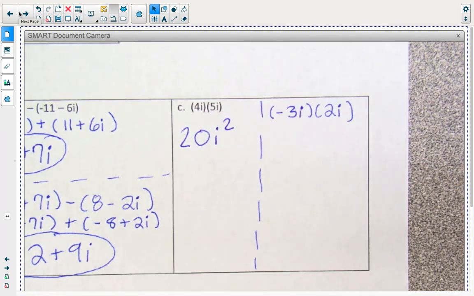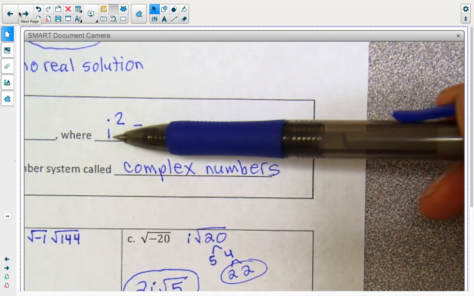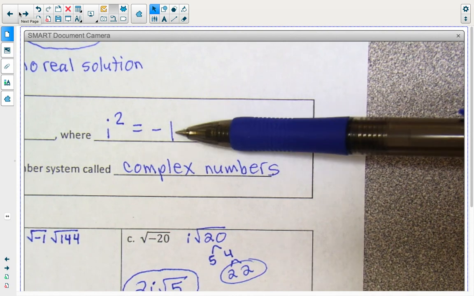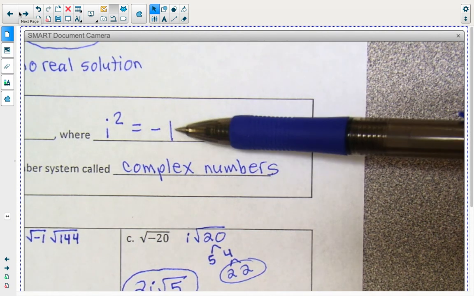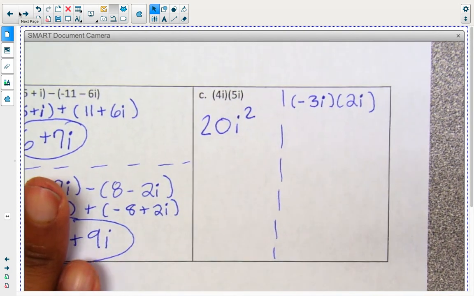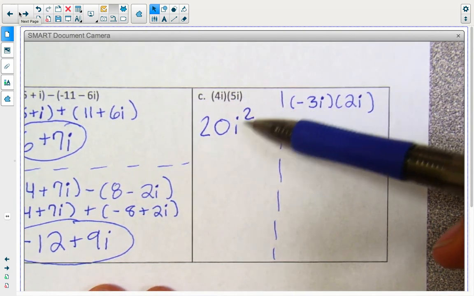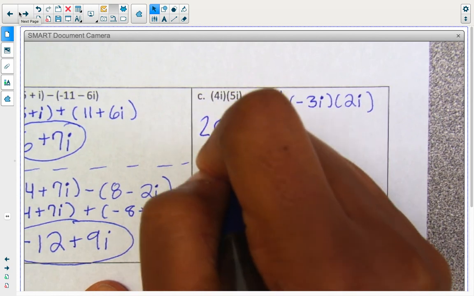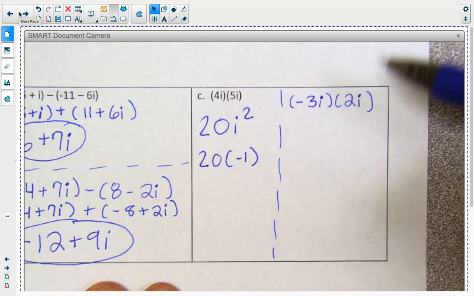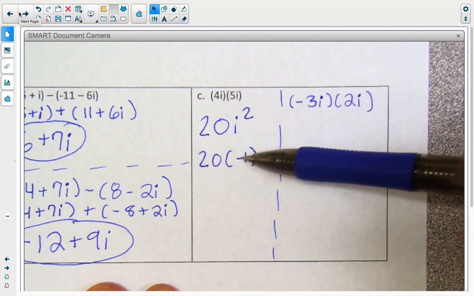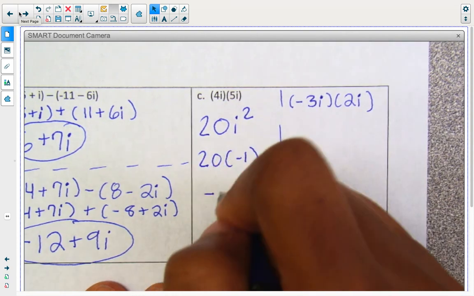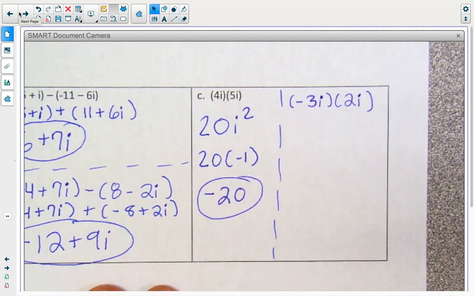Now, one of our definitions for today, if I scroll up just for a minute, tells us that i squared equals -1. So hopefully you wrote that in your notes. i squared equals -1. So we're going to make a substitution. I'm going to take out the i squared and replace it with -1. Now I can multiply these. 20 times -1 is -20.